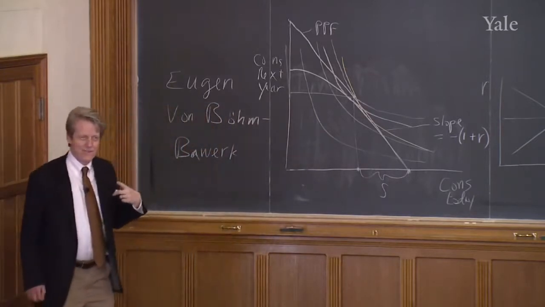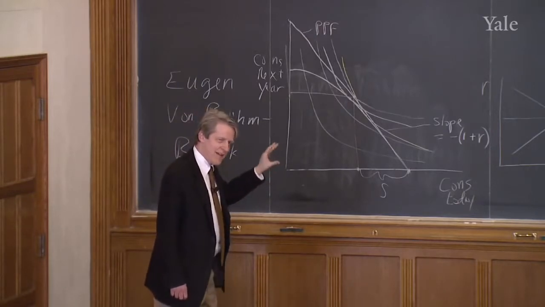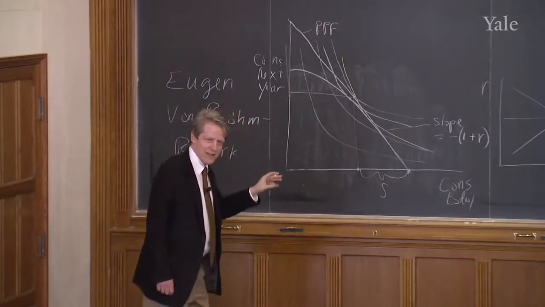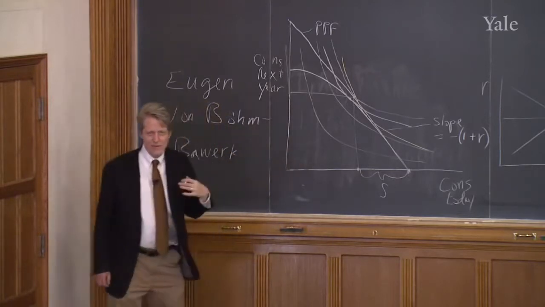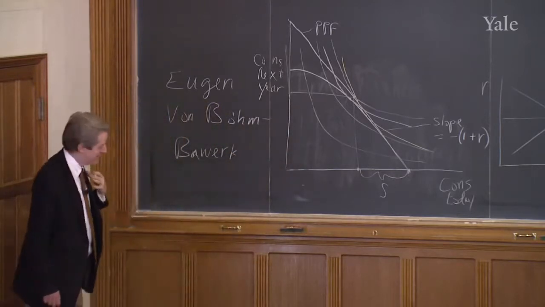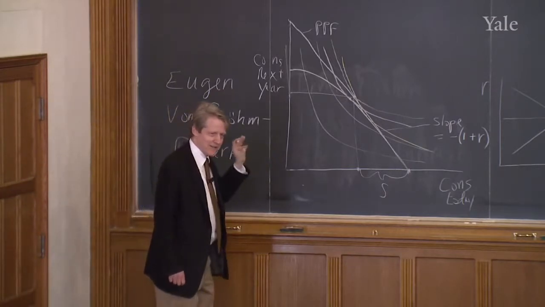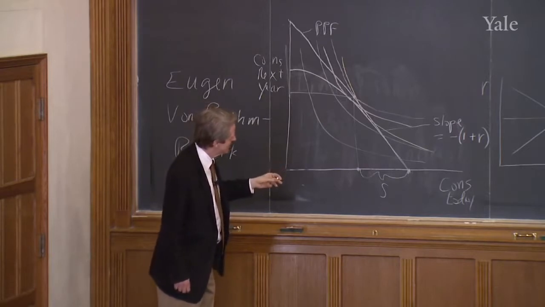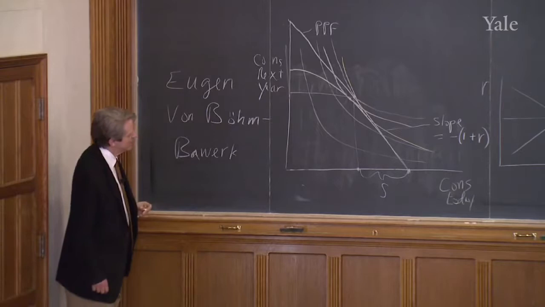Now you understand that the interest rate in the Robinson Crusoe economy is not just about Robinson Crusoe. Even though there's only one person in this economy, it's about all of Eugen von Boehm-Bawerk's causes. The technology is represented by the technical progress and the roundaboutness, and the preferences are represented by the indifference curves.